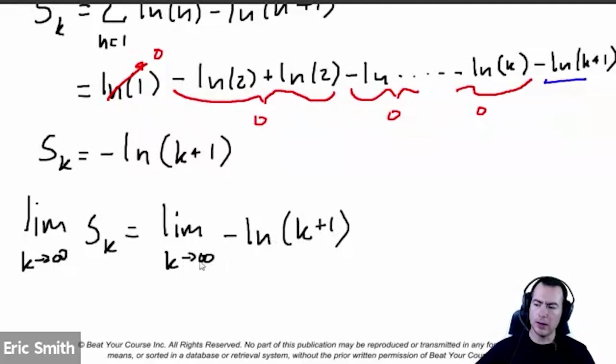And in which case, as k goes to infinity, this goes to negative infinity. That is to say, even though this is a nice telescopic series, where stuff cancels out, this series does not converge. The reason why it does not converge is because the partial sums go to negative infinity. They keep arbitrarily getting big and negative.